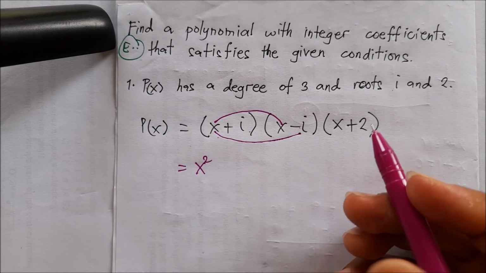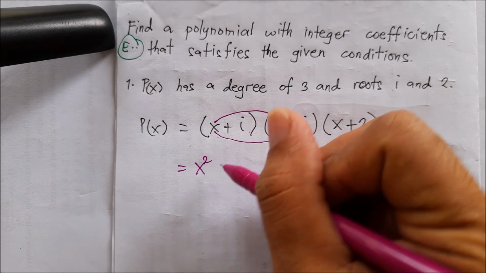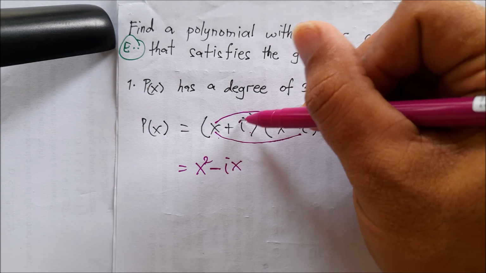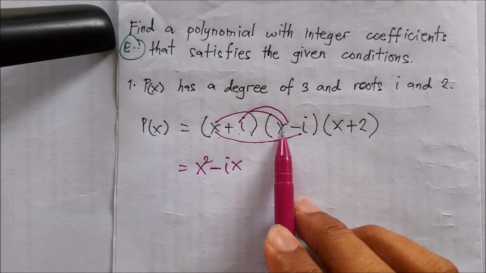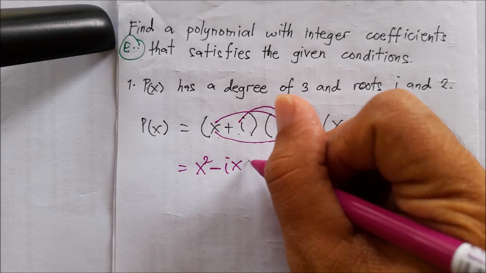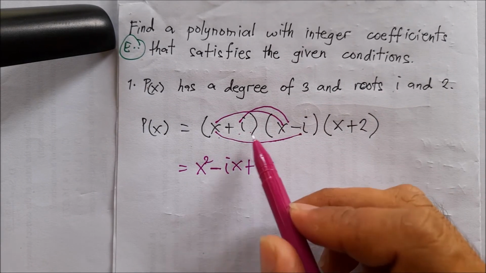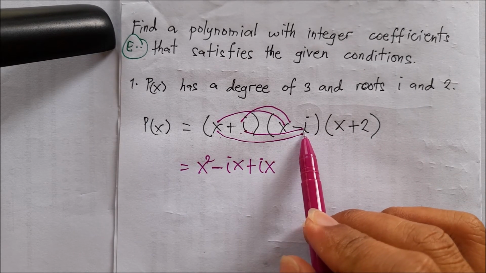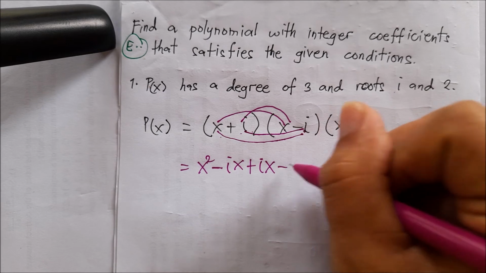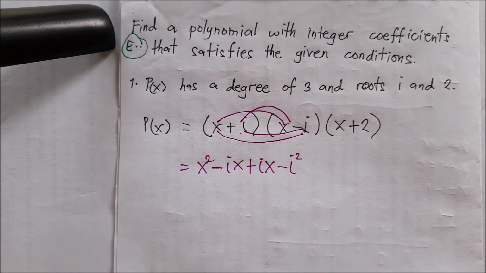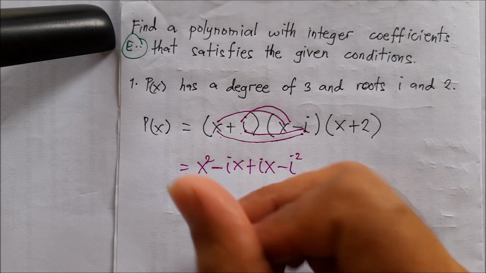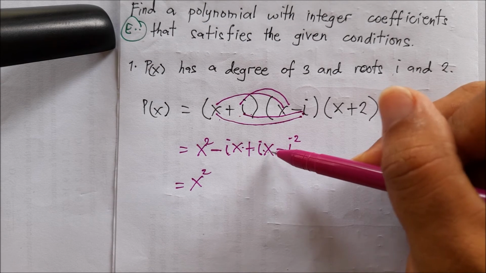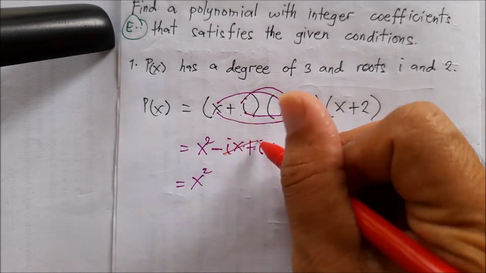Outer, x times negative i, negative ix. Inner, positive i times x, plus ix. Then the last, positive i times negative i, squared. Then bring down x squared; negative ix plus ix comes to 0, cancel.